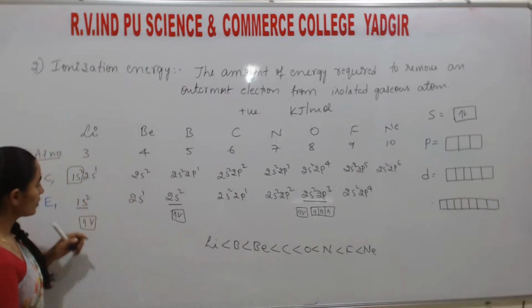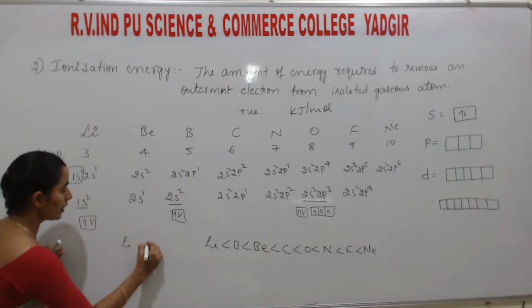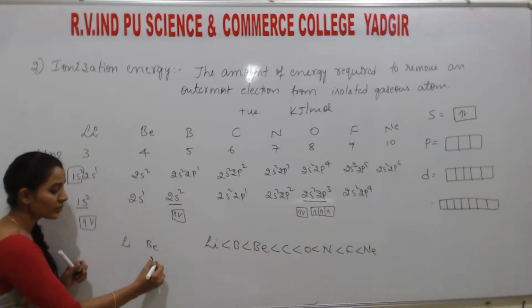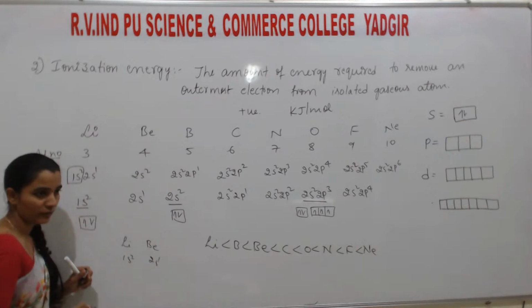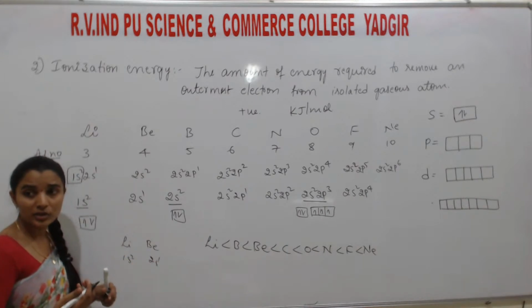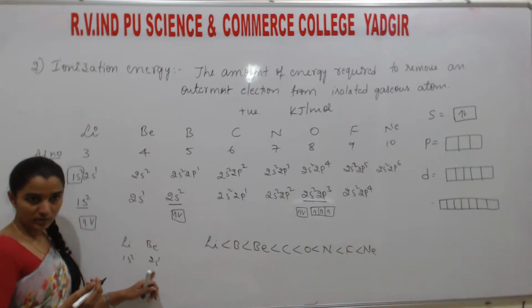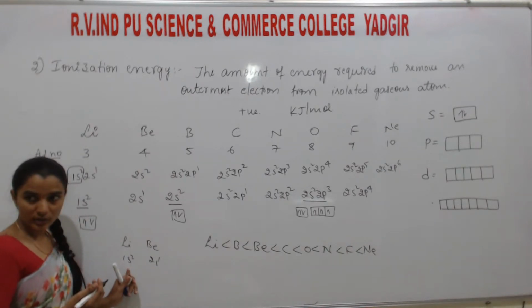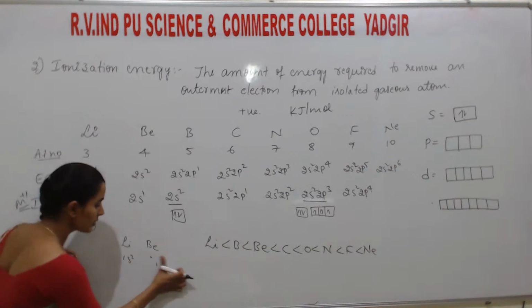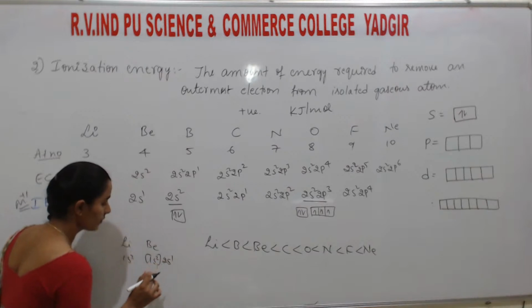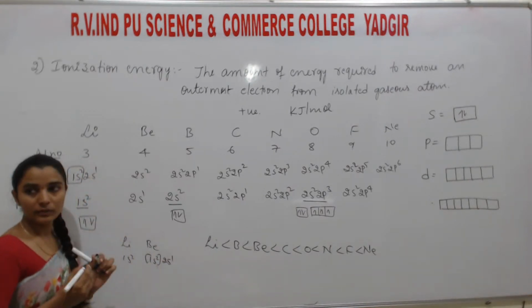So students, here for the second ionization energy, consider lithium and beryllium. Here beryllium has 2s1 configuration, this one is 1s2 configuration. Which one requires more energy? This one is 1s2, 2s1.